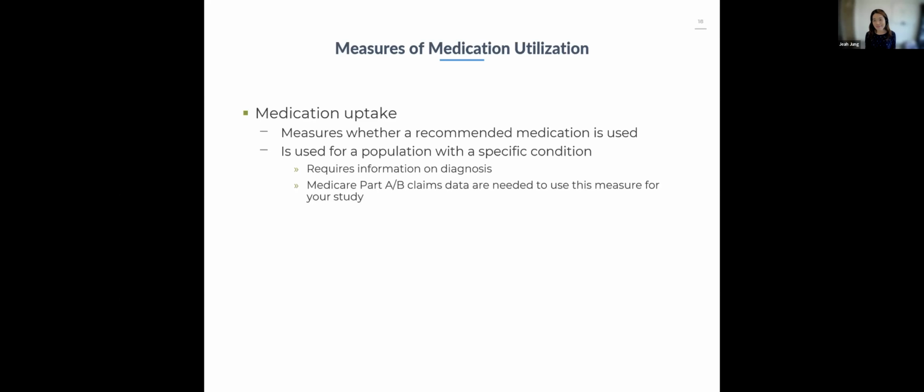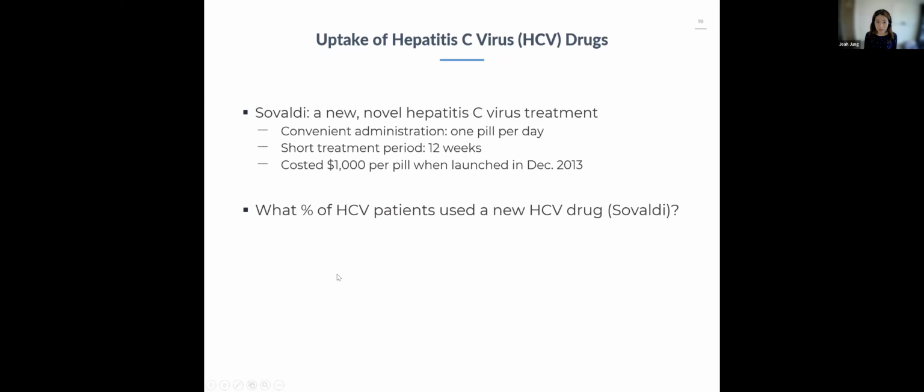I see many no's. It's purely that we know only what drugs they took. So this means that in order to use this measure, you have to use Medicare Part A and B medical claims data, right? So you have to pre-select your study cohort. Now, that's medication uptake.